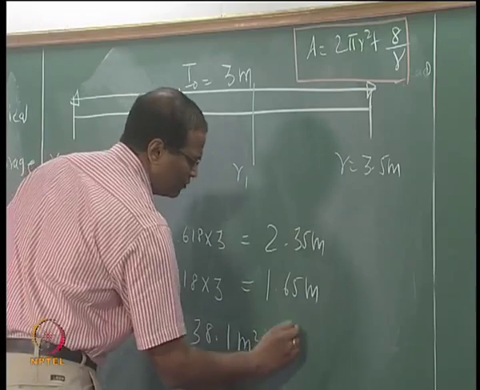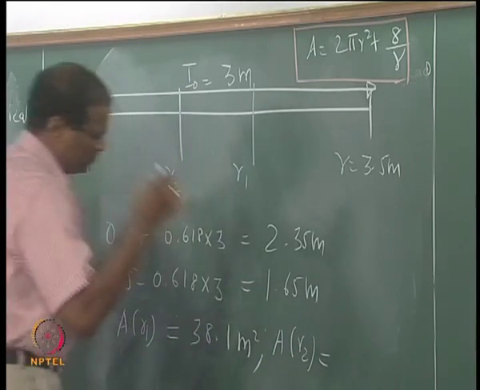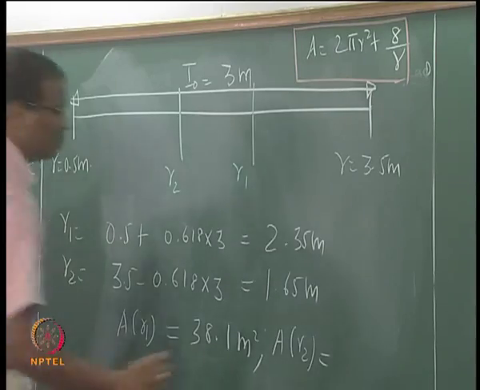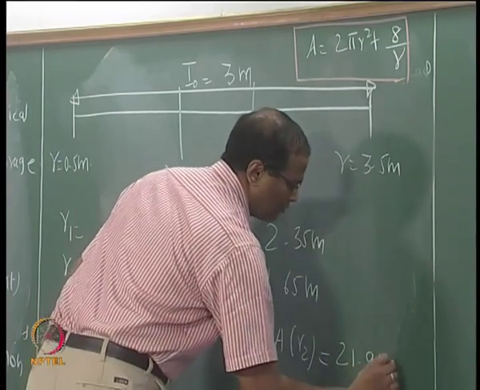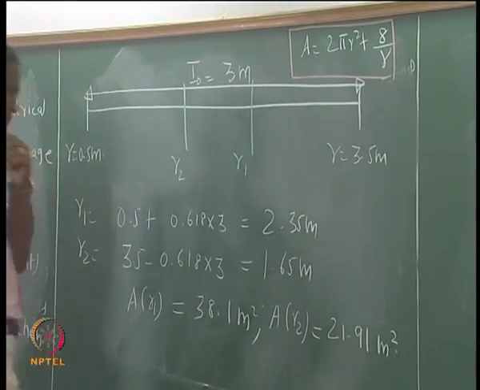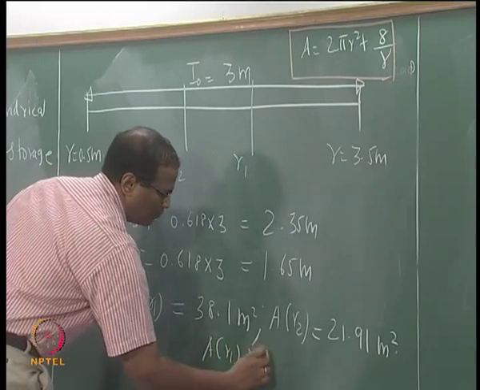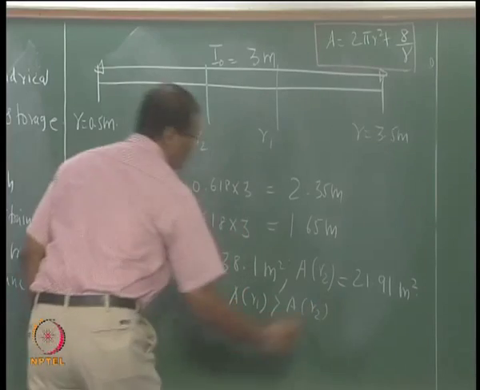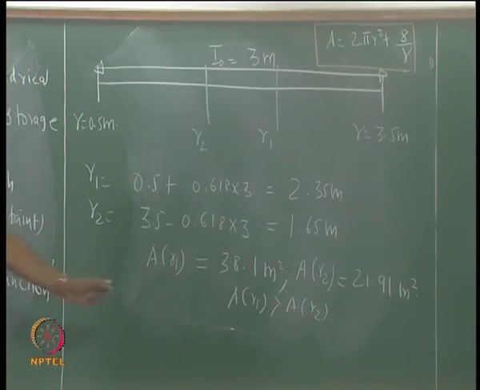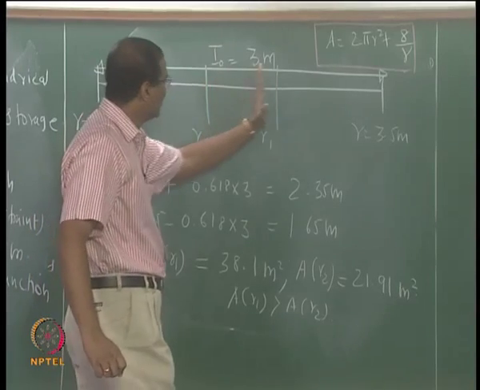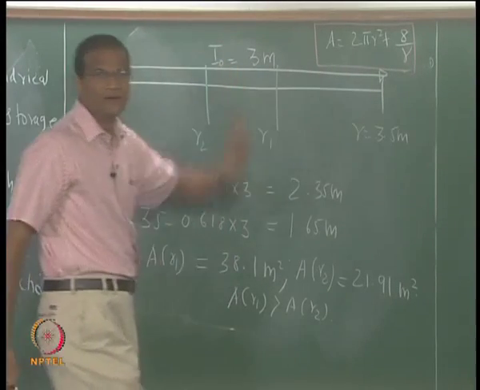A of R2 is 21.91. A of R1 is greater than A of R2, and you are looking at minimization, so the region to the right of R1 can be eliminated. Correct?